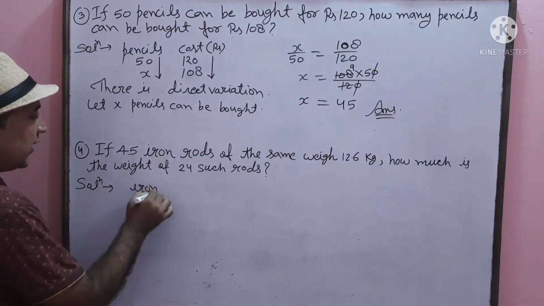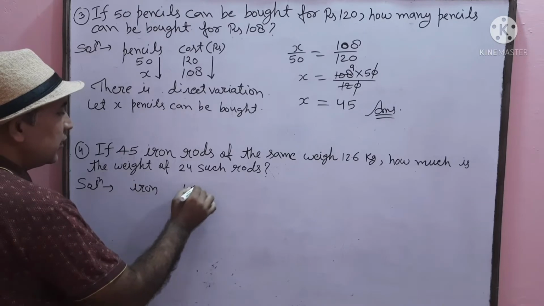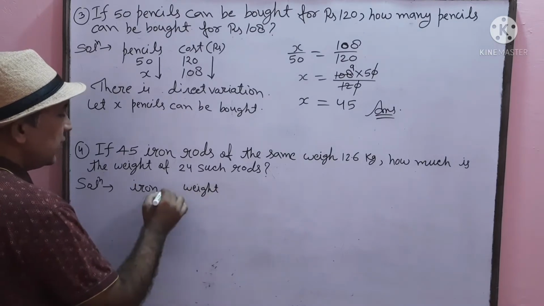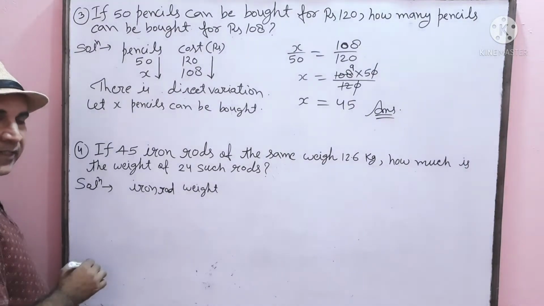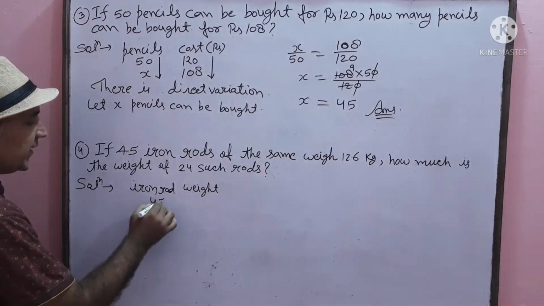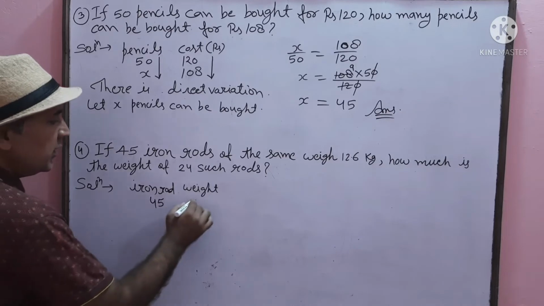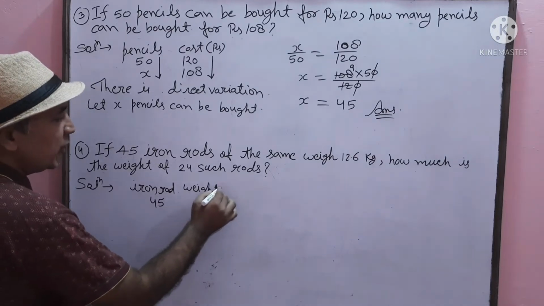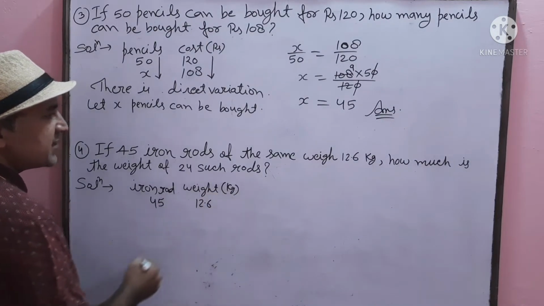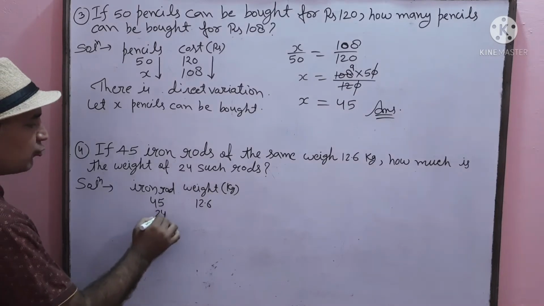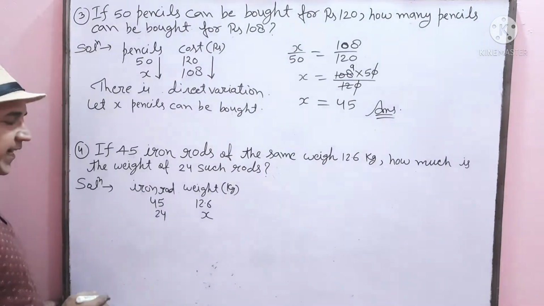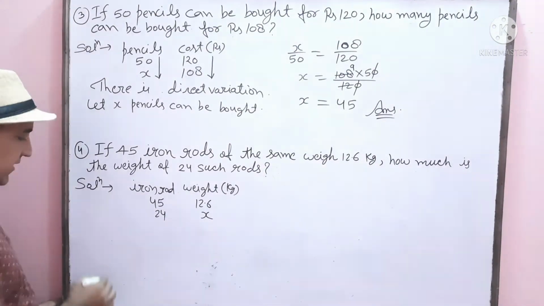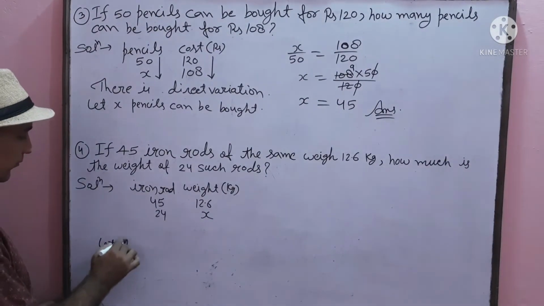Write down iron rod and weight. There are two quantities. If there are 45 iron rods, their weight is 12.6 kg. If there are 24 rods, suppose the weight is x kg. You will write this statement.